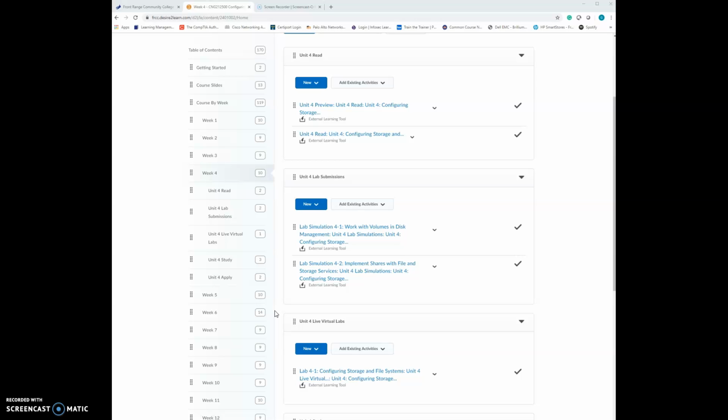Features of servers are probably one of the biggest things to get used to. Adding features. Once you get that down, it makes higher classes easier for you, like 213, 214, 256 enterprise security. Those courses get a lot easier when you're more comfortable in a Windows Server environment, and I should say even in a Linux environment.